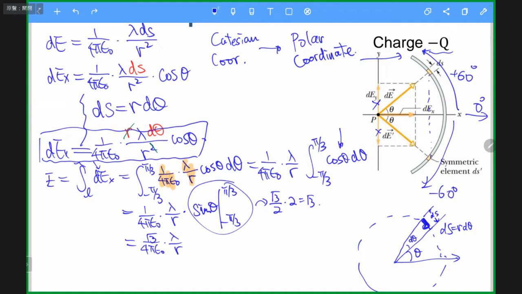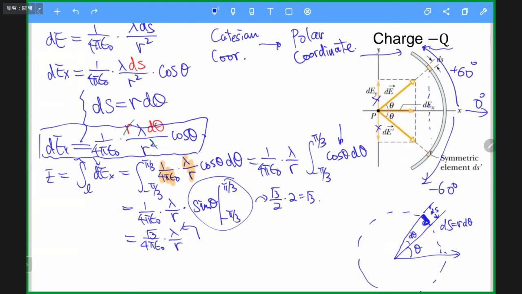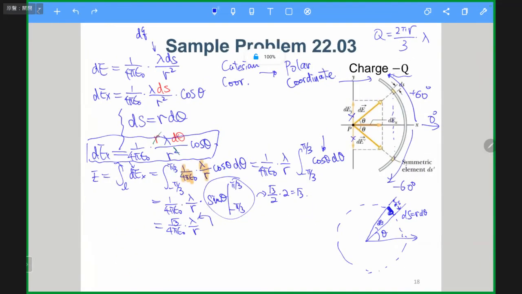Of course, lambda is not a given variable, so we need to change it back. As I mentioned, we have this expression. Q is the total charge amount, and lambda is the charge density. 2 pi r over 3 is the length of this circular arc.